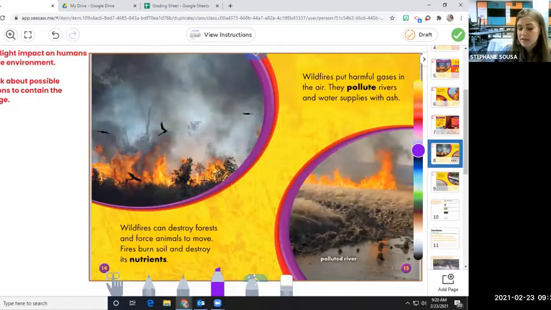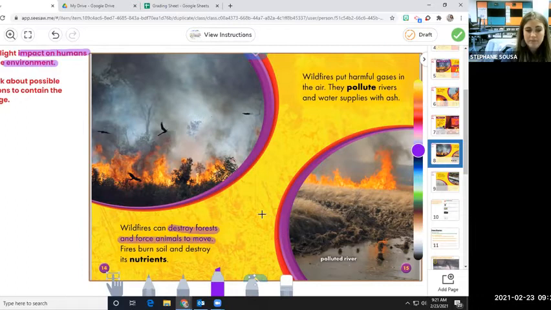I'm loving these ideas that are coming. We're going to get an opportunity to create them here in a minute. Again, we are highlighting the impact on humans and the environment. Wildfires can destroy forests and force animals to move. That is environmental impact. Fires burn soil and destroy its nutrients. That is another environmental impact.